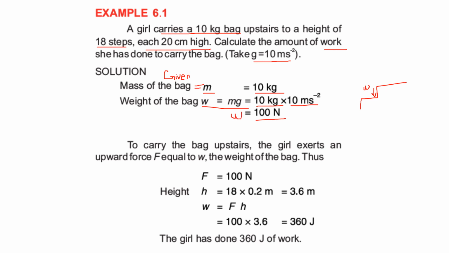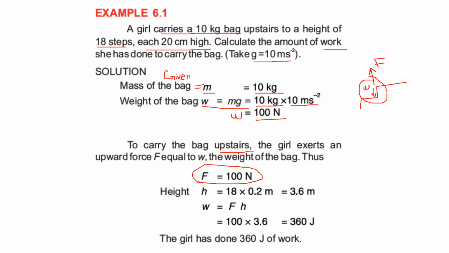So as the girl carries the bag and is moving upstairs, there are two forces. One force is acting downward, that is the weight, and the other force, opposite in direction to the weight, will be F. Both forces are the same, that's why she is carrying the weight. So the other force F will also be equal to 100 Newton.